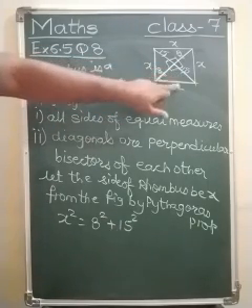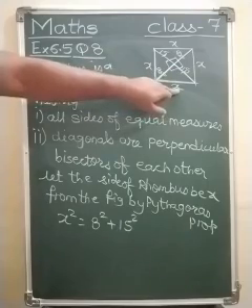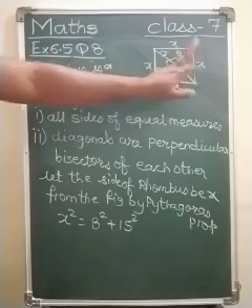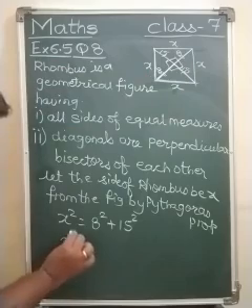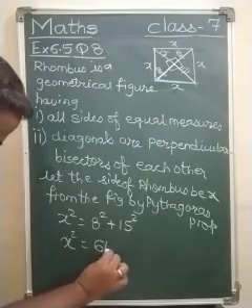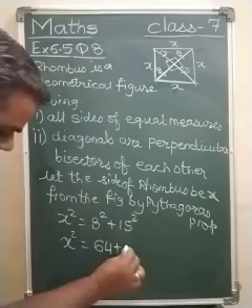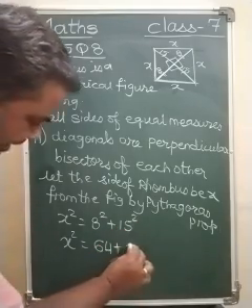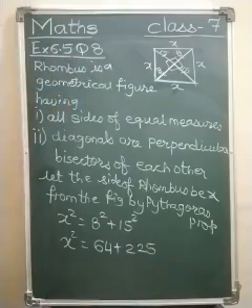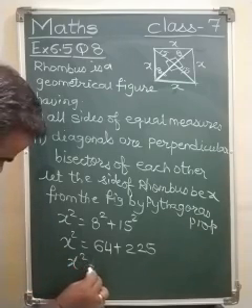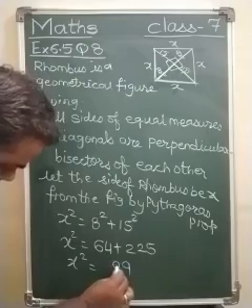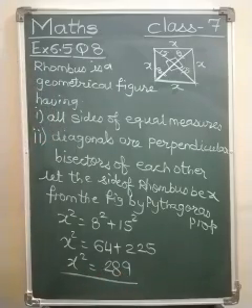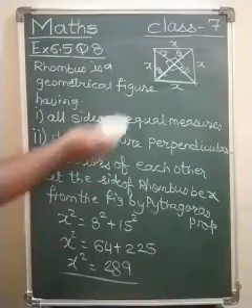Hypotenuse square, the side opposite to 90 degrees, hypotenuse square equals leg 1 square plus leg 2 square. x square equals 8 8s are 64 plus 15 15s are 225. So x square equals 289.